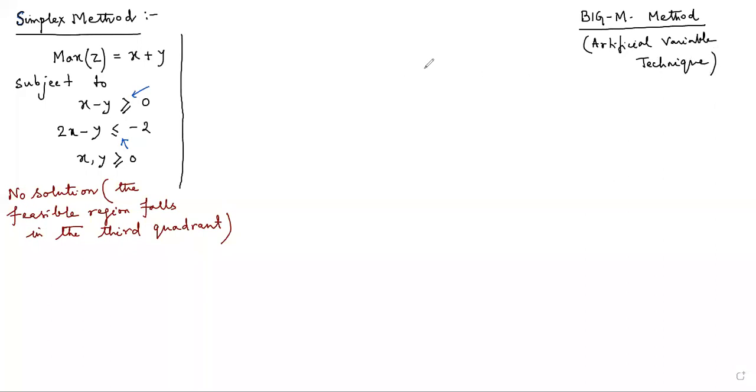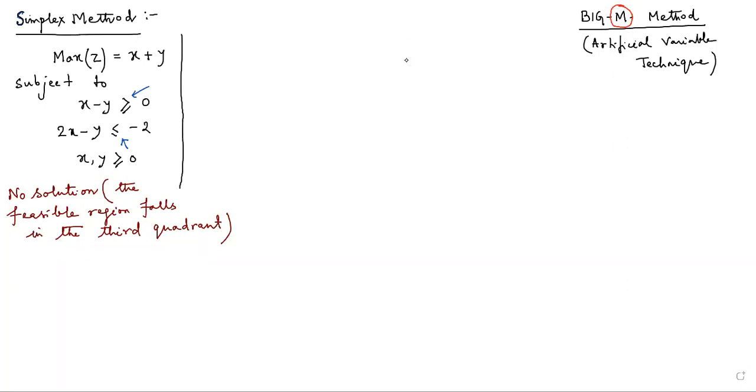This particular method is some sort of generalization of the simplex technique, so most of this technique will remain the same, but there will be a few differences, such as greater than type inequality being present, so we have to deal with that. And since the name Big M is there, there must be something extra in this problem. This M represents something, for which such a name has been given to the method. Those parts will be covered in today's lecture.